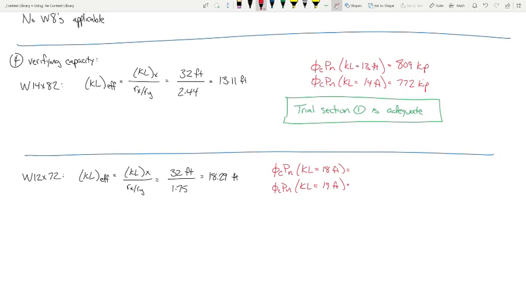All right, so, just like last time, we should probably look up a capacity between 18 feet and 19 feet. So, let's see what we get. Also, for this column, does the weak axis govern or does the strong axis govern?